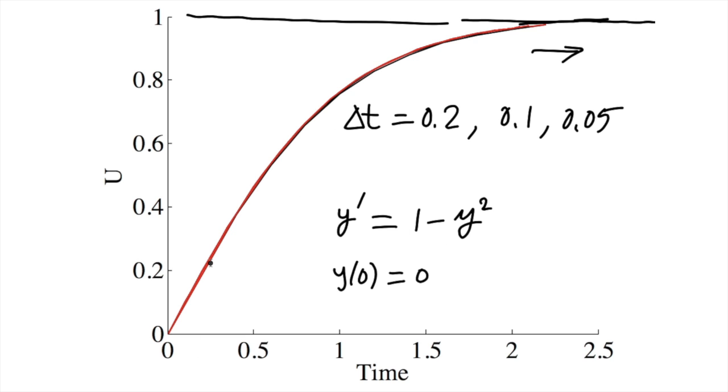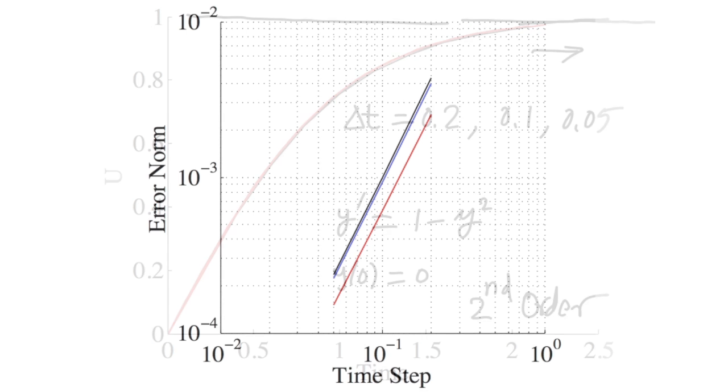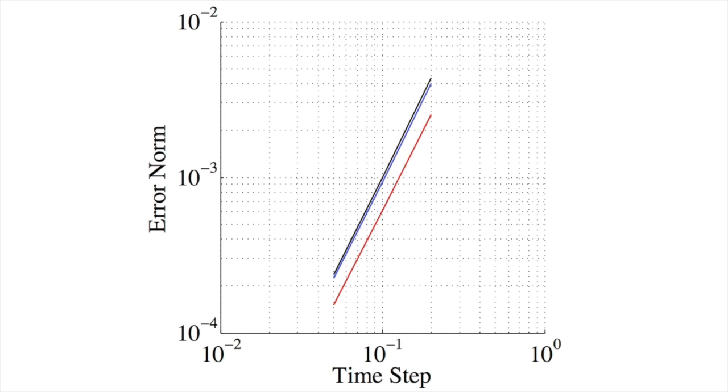Now if we quantify the error which is obtained with the second order scheme, we can plot that, and that is what we're going to look at next. Here we plot the error norms.